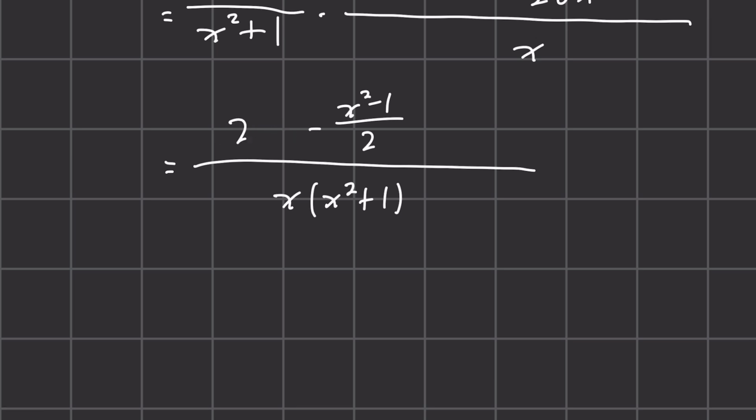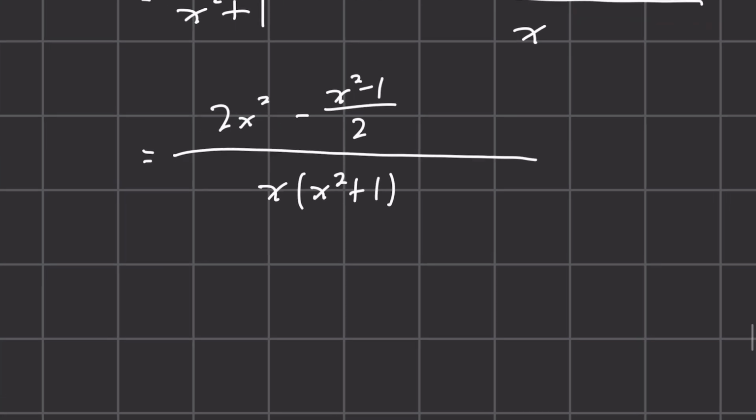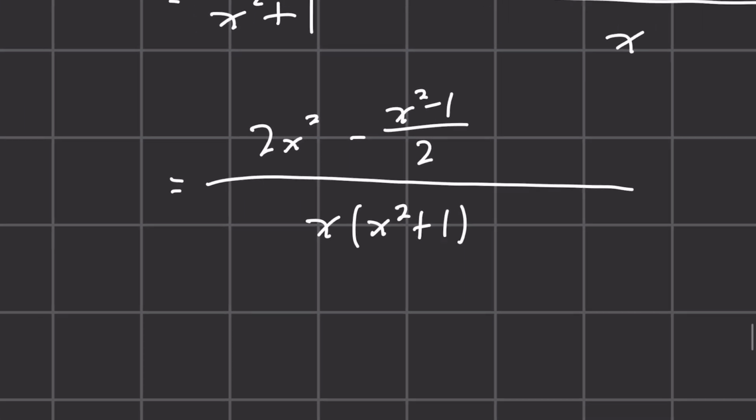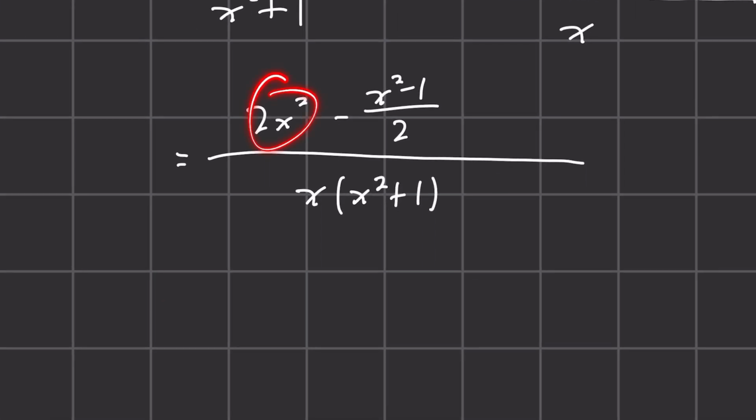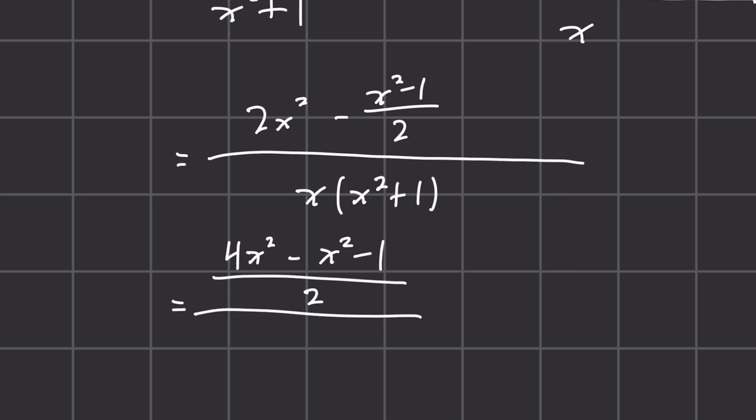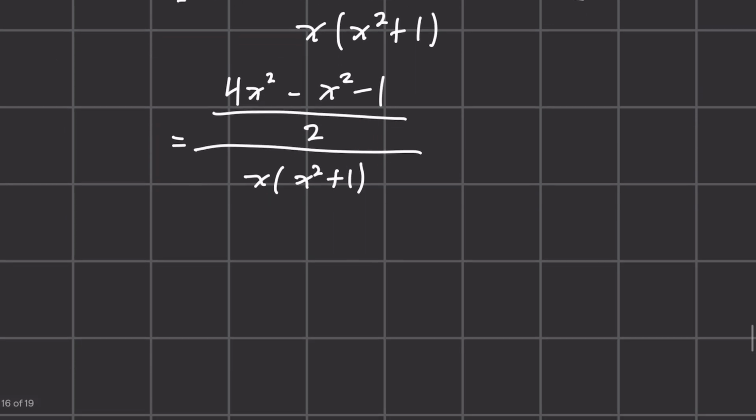And I can also rewrite this as 2x squared. And for this part right here, I'm just going to rewrite this with a denominator of 2. We can do that by multiplying the numerator and the denominator by 2. That gives us 4x squared over 2, minus x squared minus 1, 2 all over the same denominator, like so. And then, of course, we can just simplify this part right here. We get 3x squared minus 1.